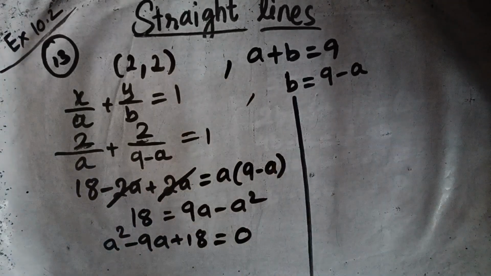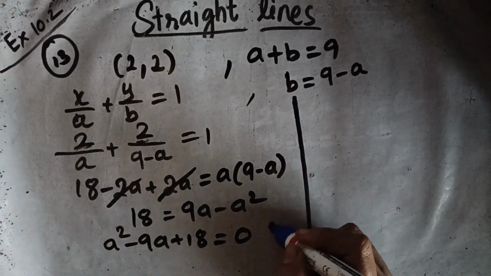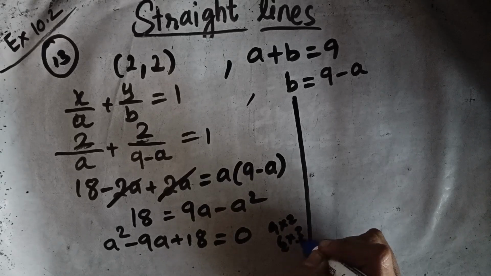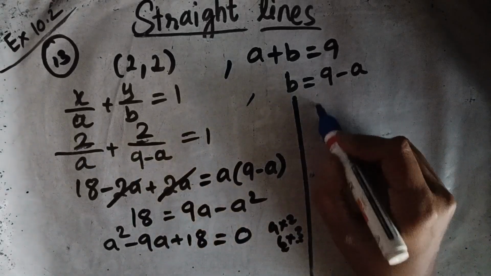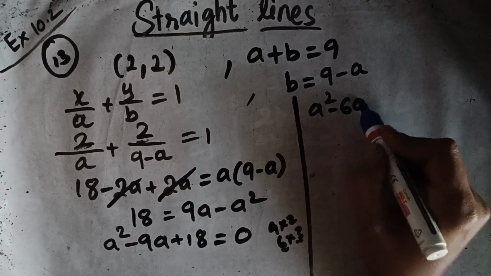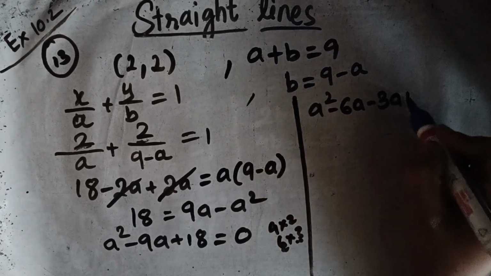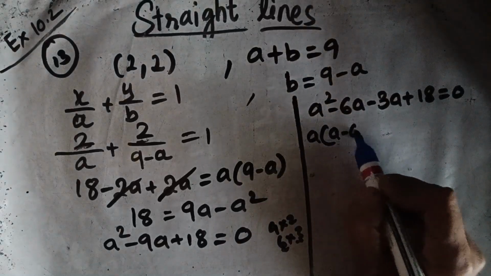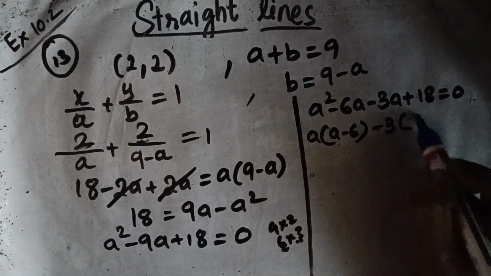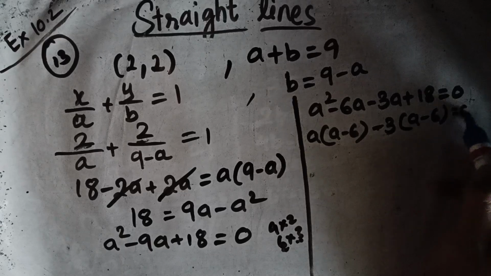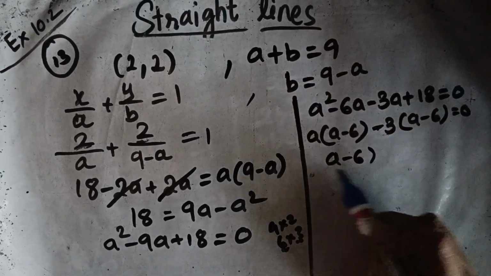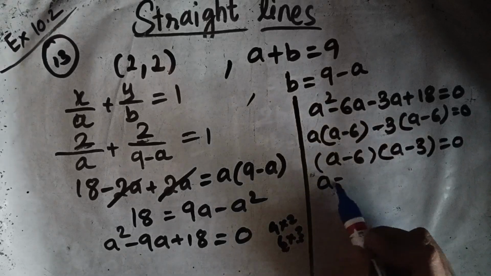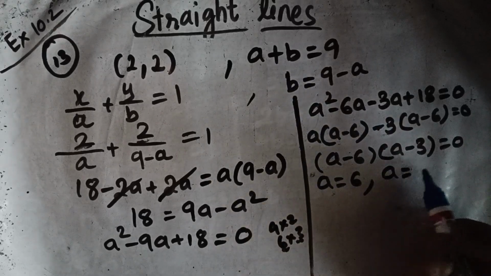Okay, so quadratic equation, factors of 18 that add to 9 are 6 and 3. So a minus 6, a minus 3. So a is equal to 6 and a is equal to 3.